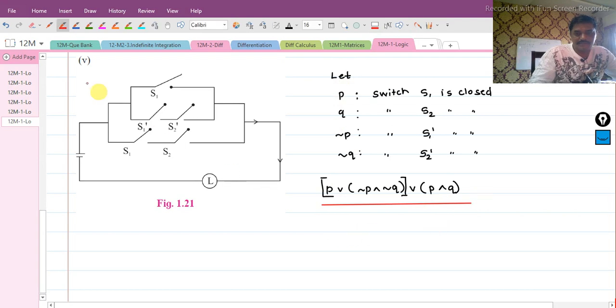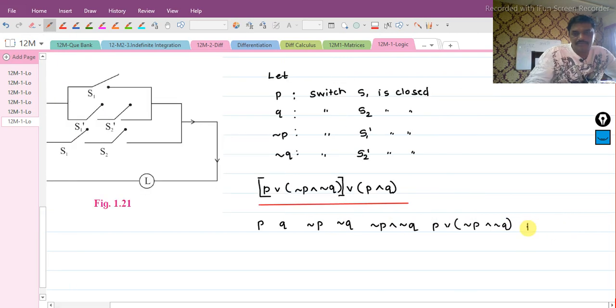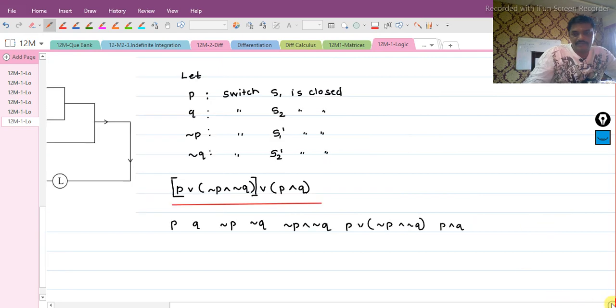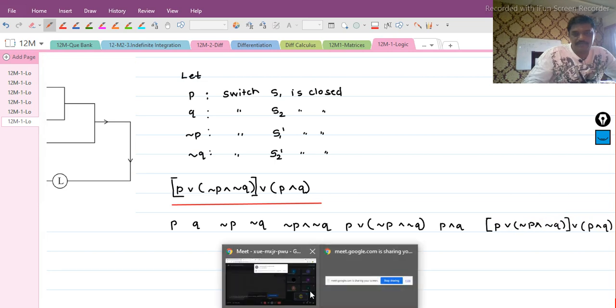The columns of the input output table will be P, Q, negation P, negation Q. Further, P or negation P and negation Q. After this will be P and Q, and the last column is going to be P or negation P and negation Q, ORed with P and Q. Is this clear to you all?